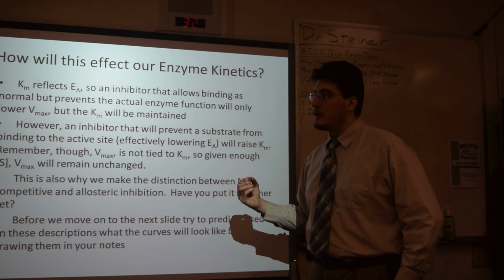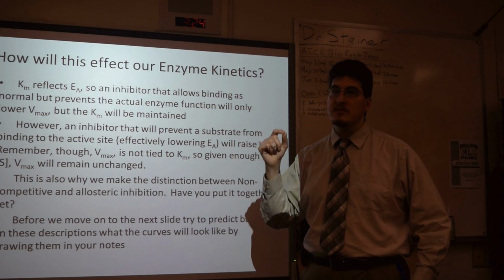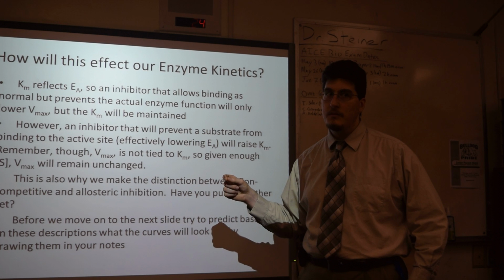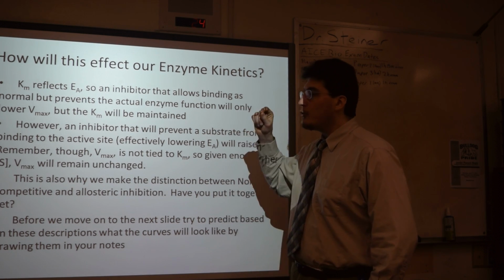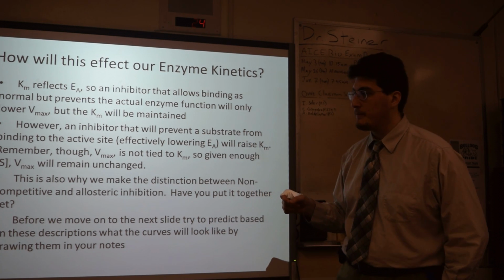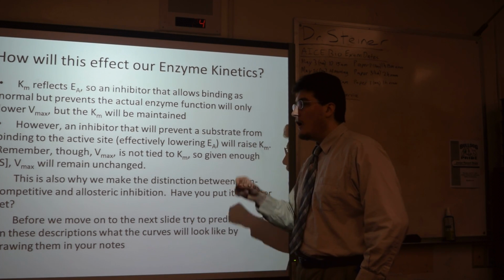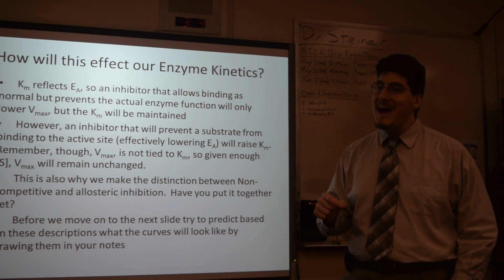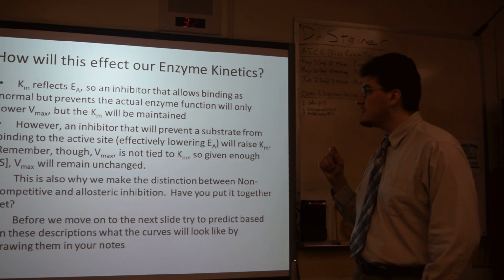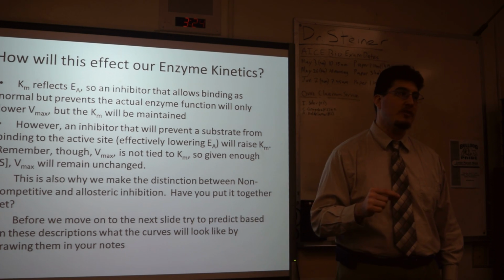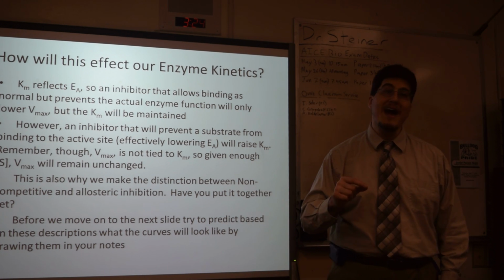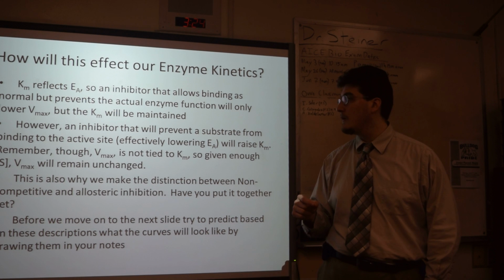So an inhibitor that prevents enzyme substrate binding lowers enzyme affinity, raising Km. Remember, Vmax is not tied to Km. If you keep adding enough substrate, Vmax can still be reached.